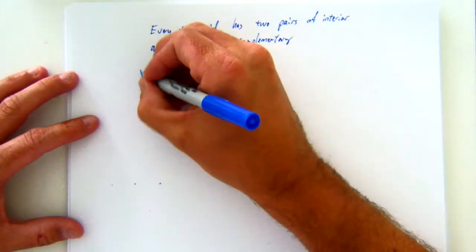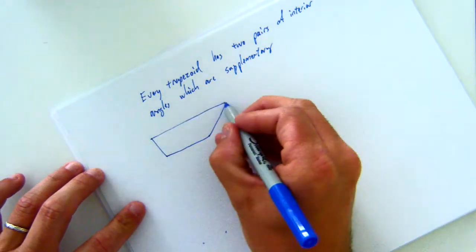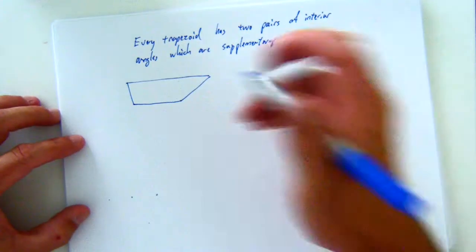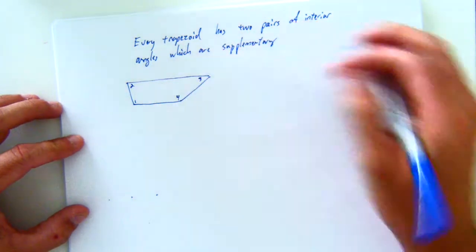And we'll look at an example. We'll do a non-isosceles trapezoid. So we can say that this is 1, 2, 3, and 4.